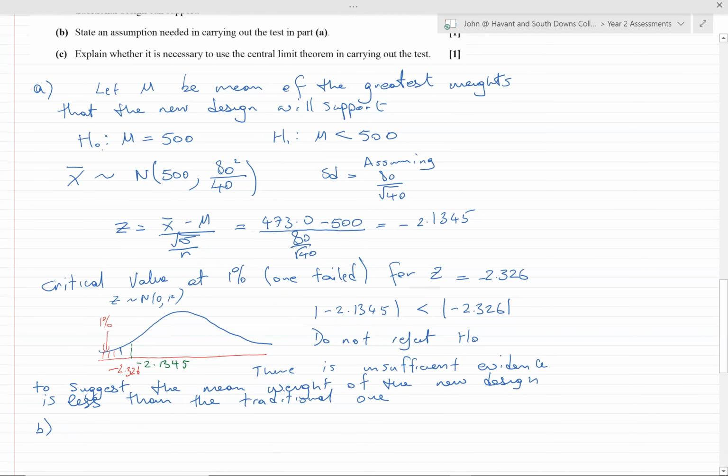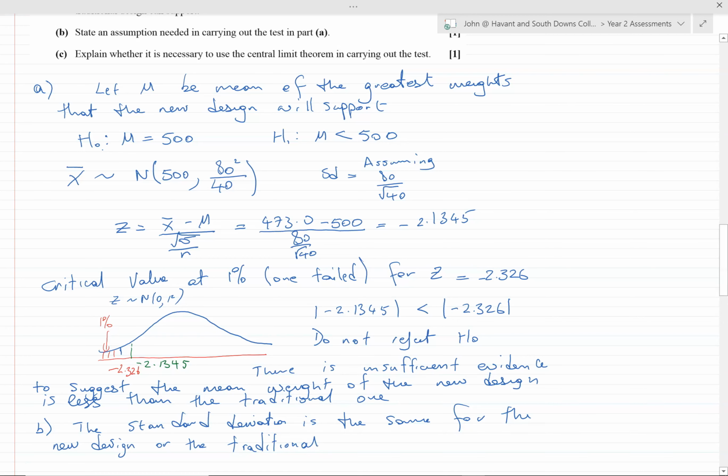But anyway, the assumption is that the standard deviation is the same for the new design as for the traditional one.